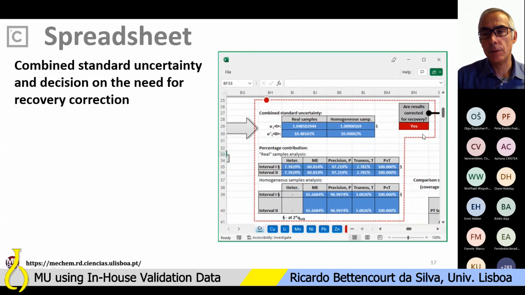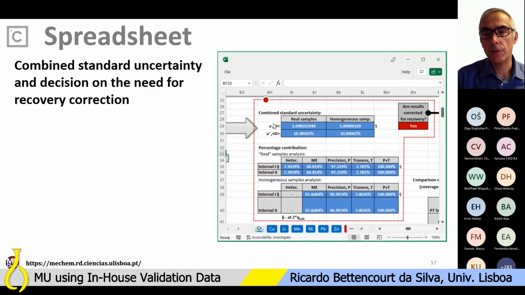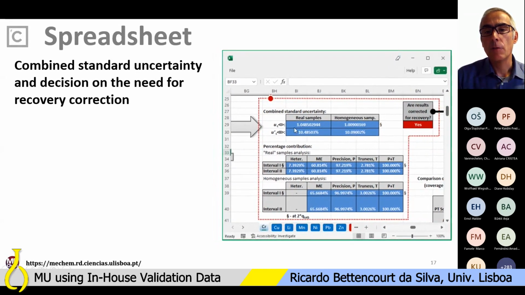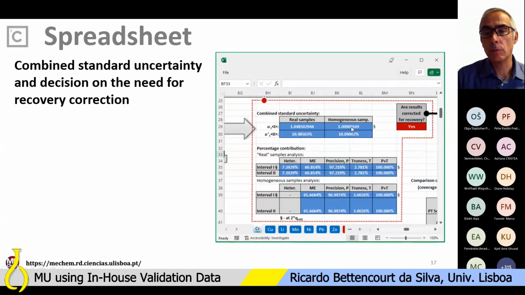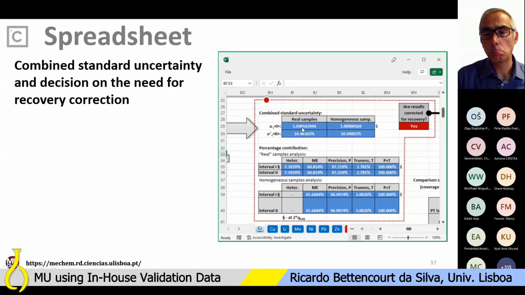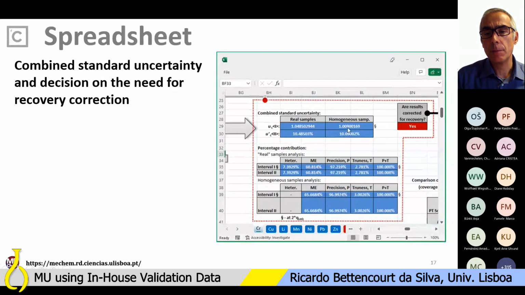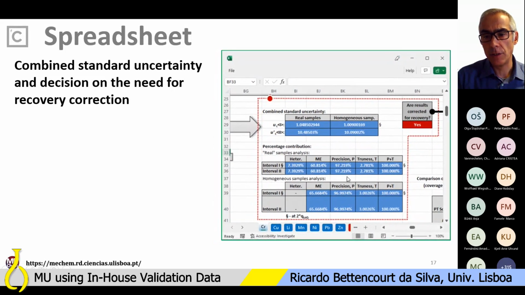And then we have a section that summarizes all the information. It tells if you need to correct the results for recovery. It gives you the uncertainty for interval 1 and for interval 2, standard way. For interval 2, it is a relative number. For interval 1, we have over-evaluation of this component by multiplying by 2 times the limit of quantification. And here you have the uncertainty for heterogeneous samples and for homogeneous samples, and then we have a balance of the relevance of uncertainty components.